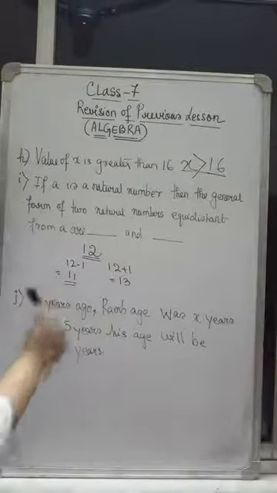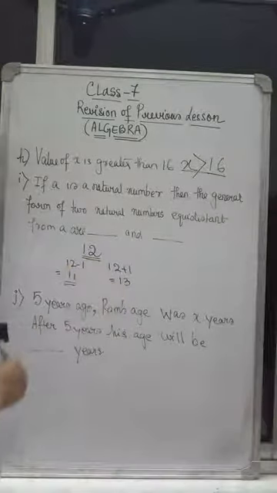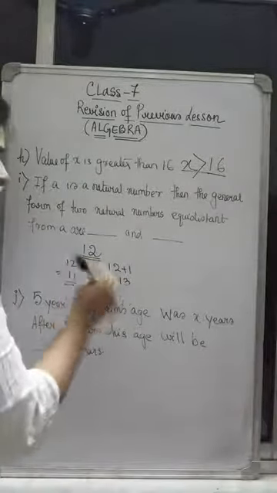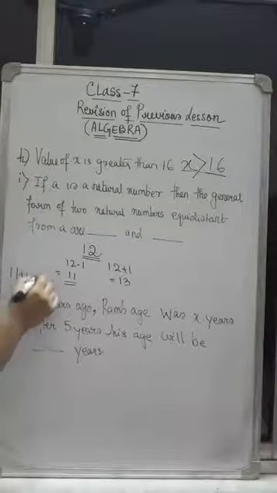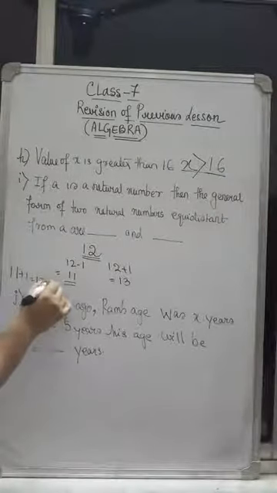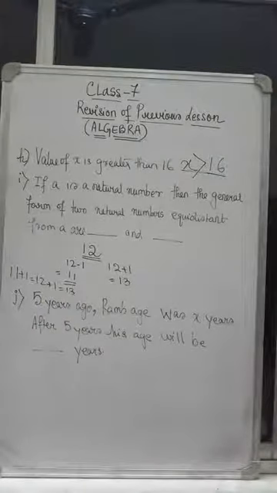In the same way, with 12, if you add 1, it gives you 13. So these are equidistant numbers.